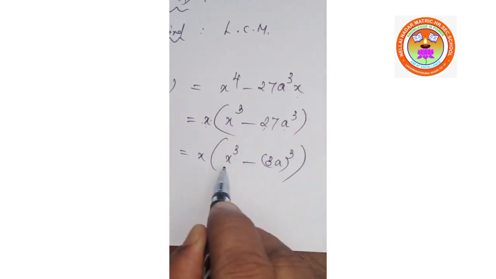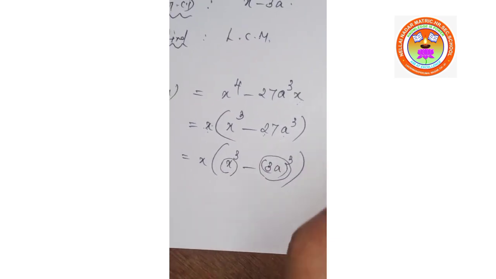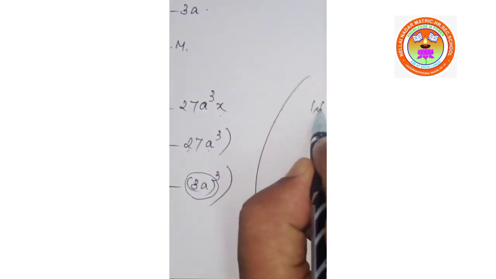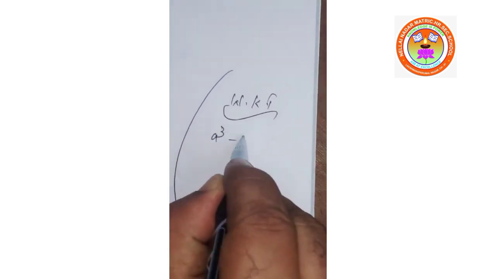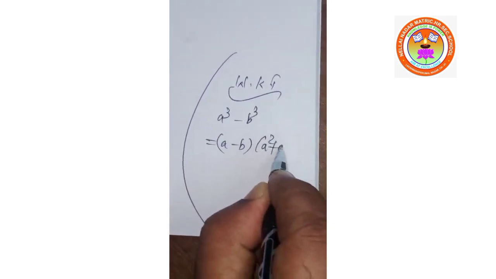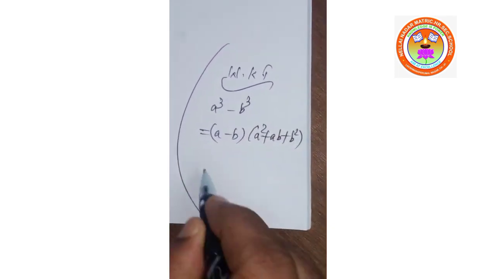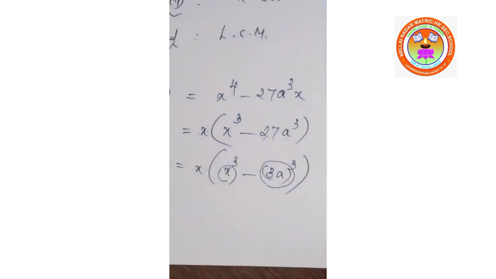So this is of the form a cube minus b cube. We know that a cube minus b cube is equal to (a minus b) into (a square plus ab plus b square). Which one is a? Which one is b? This is a, that is x.